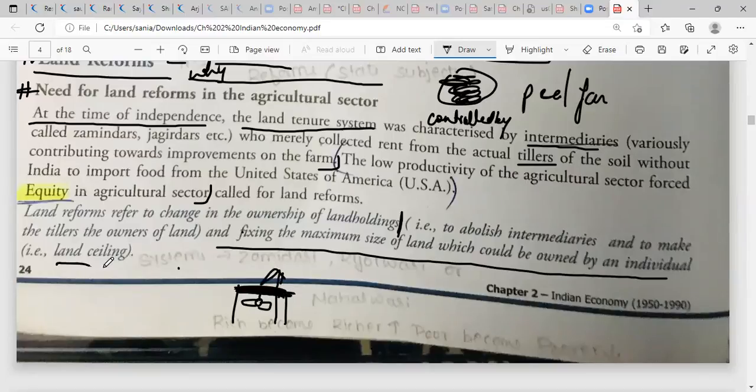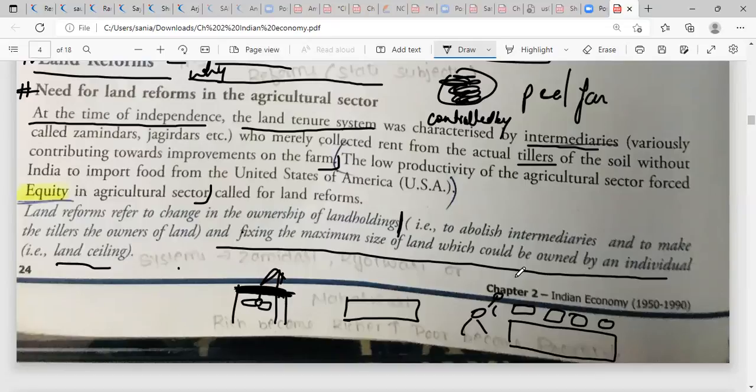So land ceiling means fixing the maximum size of land. For example, if I say that you can have this much land, not more than that. I will fix the maximum size of land which could be owned by an individual. So maybe you can own land like this, this, this, or the entire one land.